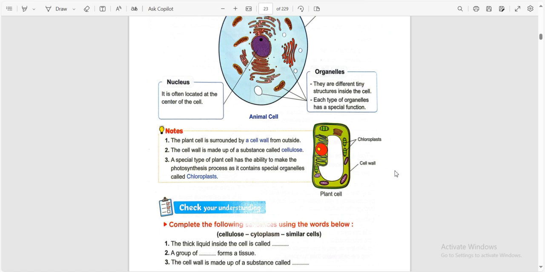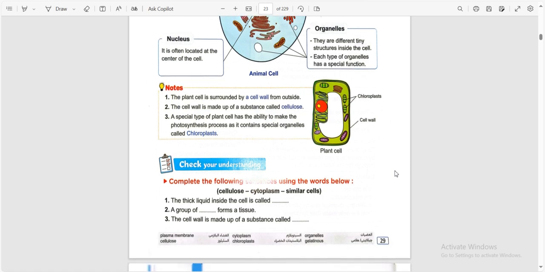A special type of plant cells has the ability to make the photosynthesis process, which you have already learned in primary 5, as it contains a special organelle that's called chloroplasts.